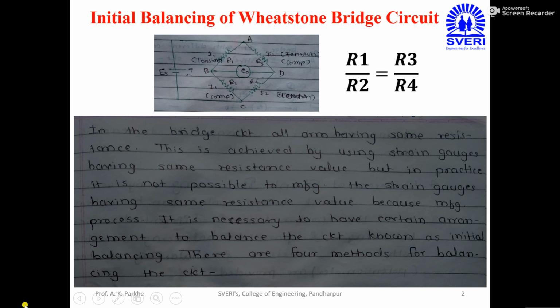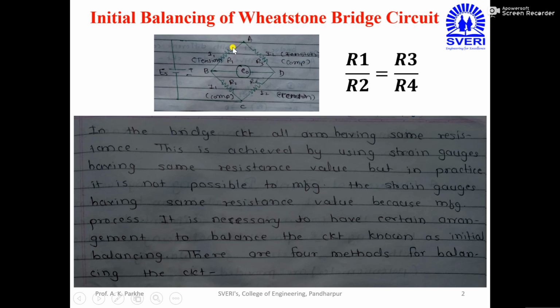And as per the definition, the ratio of resistance of two adjacent arms, that means R1 upon R2, is equal to the ratio of resistance of the remaining two adjacent arms. If this condition is satisfied properly, then and only then is your bridge circuit properly balanced.